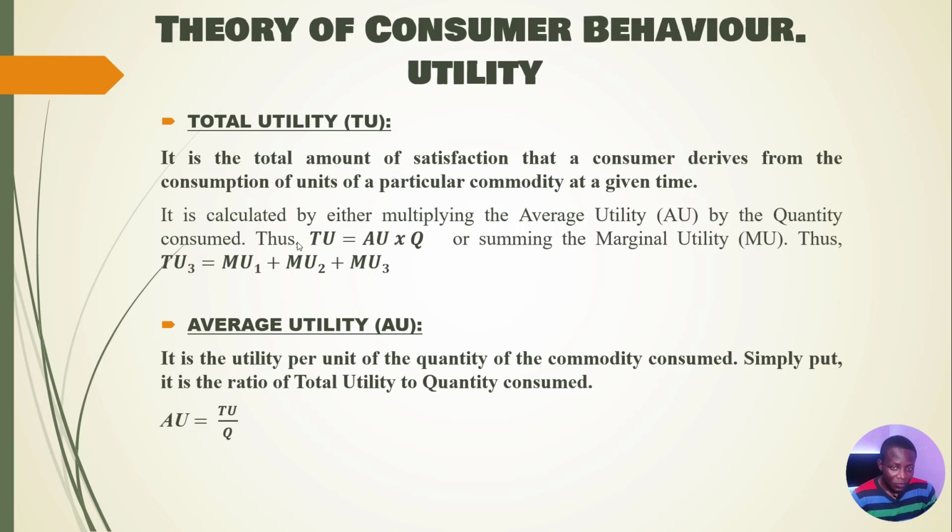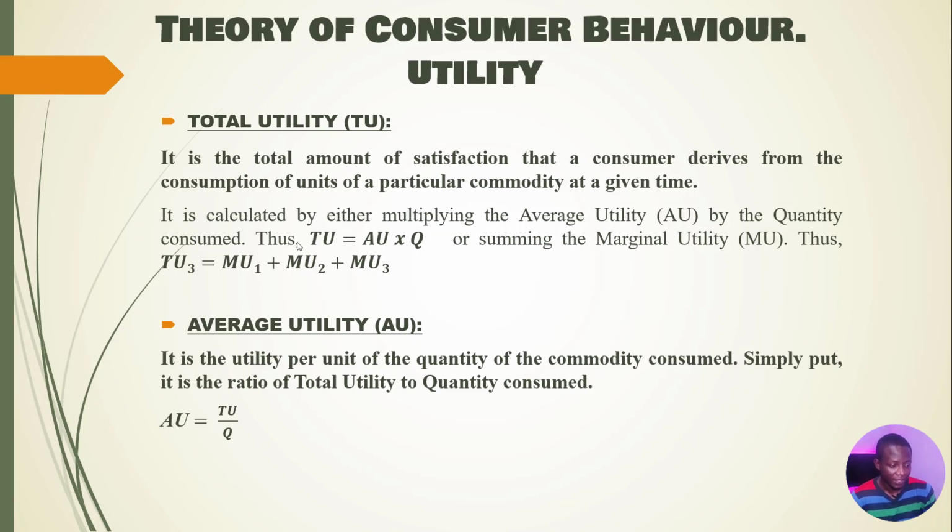You took the first one, the second one, the third one, up to the 5th one. Mind you, the first bottle gives you some level of satisfaction, the second bottle also gives you some level of satisfaction, up to the 5th bottle, which will also give you some level of satisfaction. When you sum all the satisfaction that you get from each bottle of water that you consume, that is what is termed as the total utility.